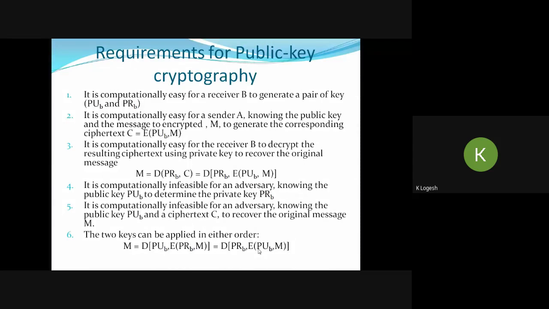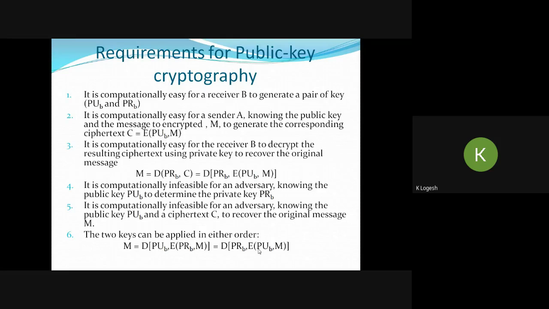The fourth one: it is computationally infeasible, not easy, infeasible for any adversary, knowing the public key PUB, to determine the private key PRB. The fourth point is that computationally it is difficult: even if you know B's public key, based on that you can't determine B's private key.